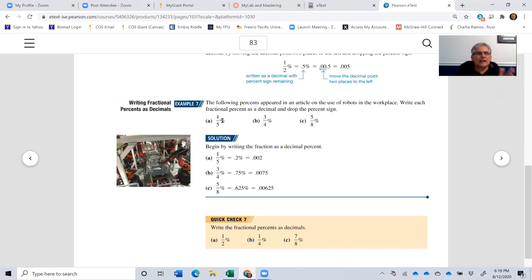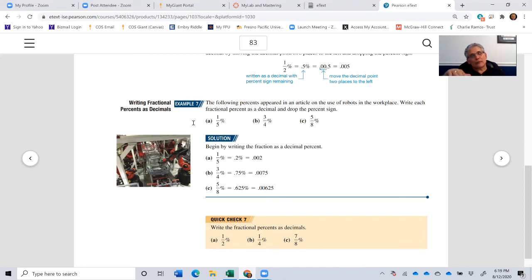So we can keep the percent sign off to the right for a moment and say, well, what is 1/5? 1 divided by 5 is going to give us 0.2. So 1/5 is 0.2, 0.2%. That's less than 1%.